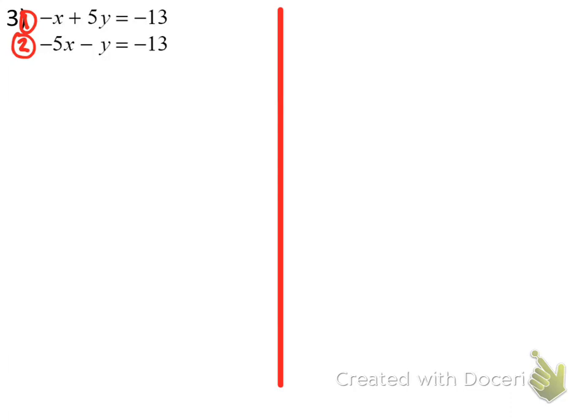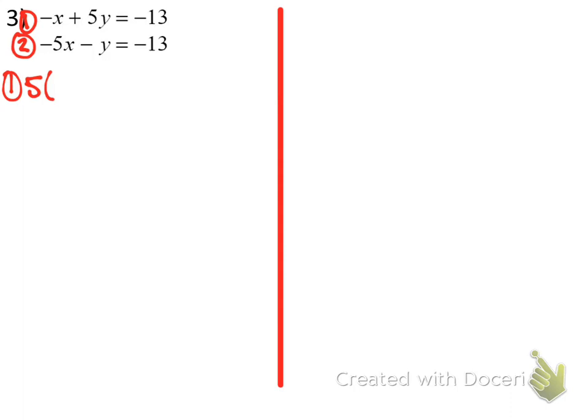So we have negative 5x and negative 1x. So we need to multiply one of them. Which one would we multiply? Equation 1 or equation 2? Equation 1. So we're going to take equation 1 multiplied by 5.